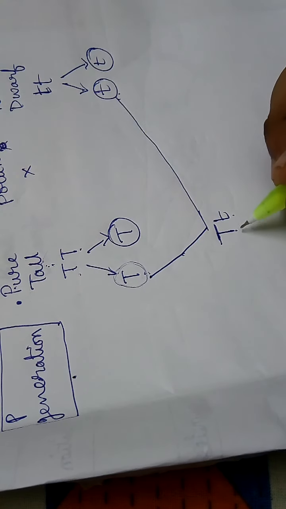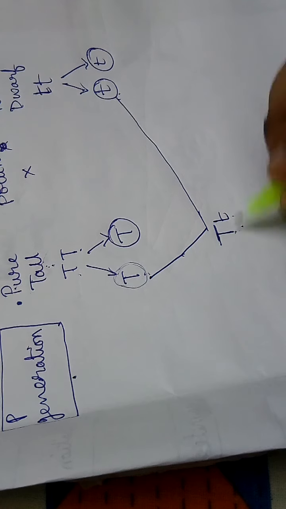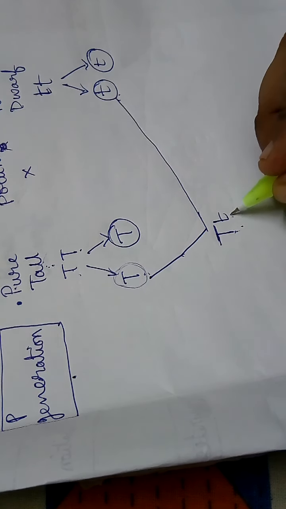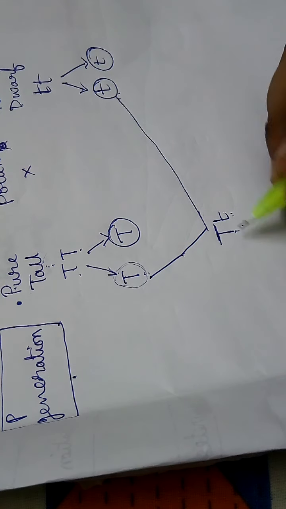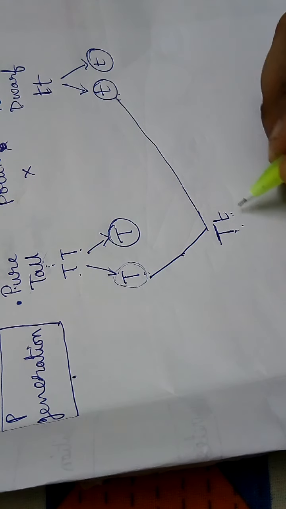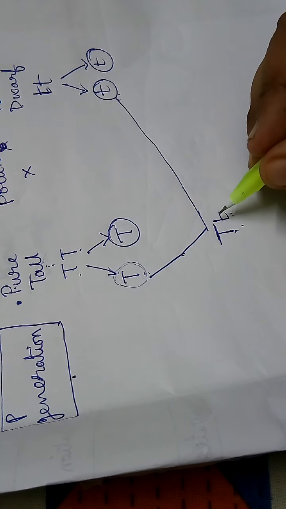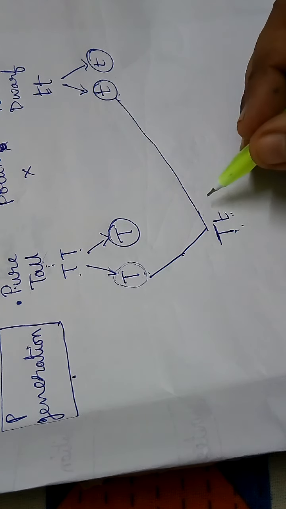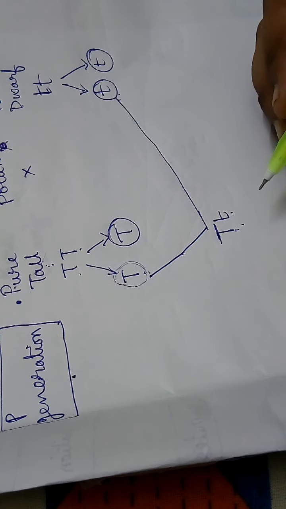Capital T is the dominant trait, small t is the recessive. We already know that dominant and recessive are two different alleles present in homologous chromosomes. Dominant trait always expresses and recessive trait is suppressed.